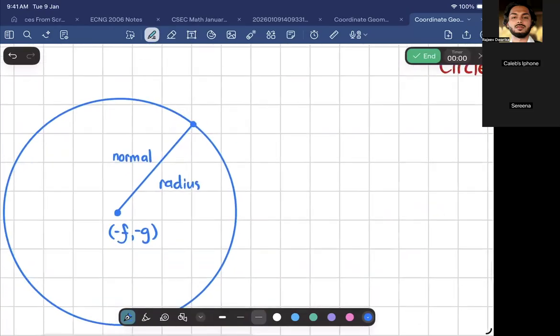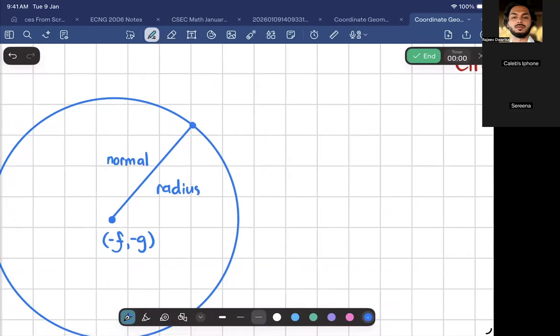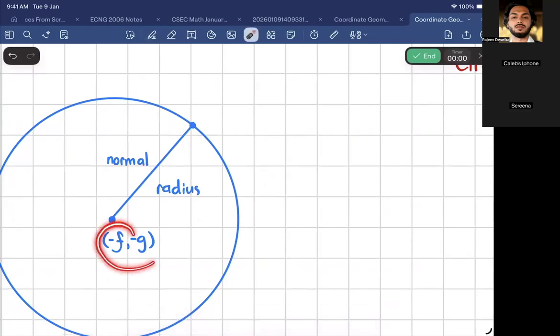Okay, is everybody with me? I know this might be a bit weird, seeing F and G, but can we understand that this is our point, the center of the circle? Yes, that's the center. And this is the radius because it's from the center to our what?